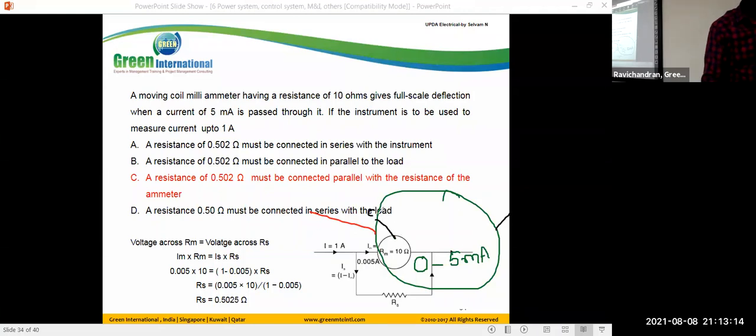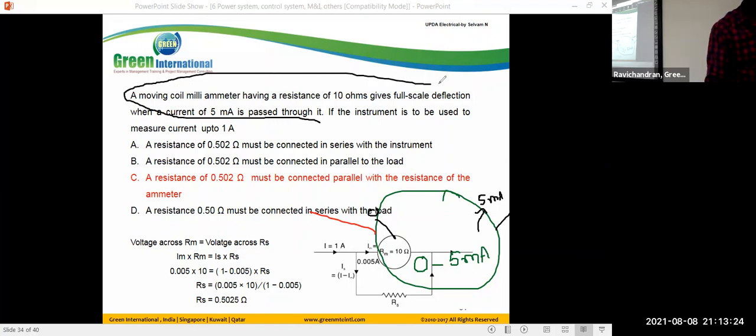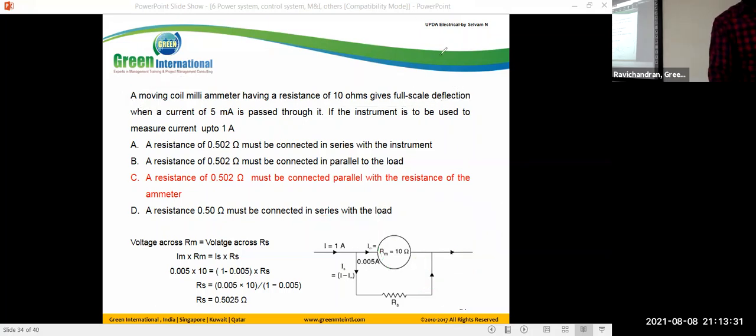This is the point 0, and this is the maximum point, representing 5 milliamps. So that is the information we get from the first line. Now we go to the second line.